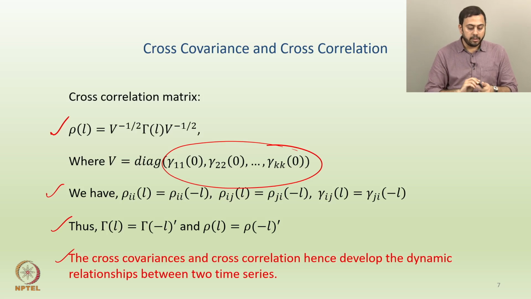So, there the idea of cross covariance or cross correlation comes in handy. Makes sense? This is the only idea to study the interdependencies or the interrelationships between any two individual time series processes.